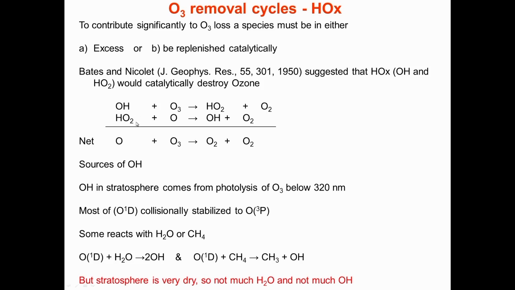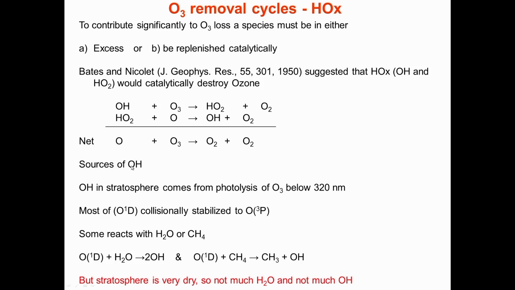The hydroperoxy radical itself can react with atomic oxygen, which we saw from the Chapman cycle is produced from the photolysis of molecular oxygen, and regenerate the hydroxyl radical. So if you add these two reactions together, atomic oxygen plus ozone leads to molecular oxygen plus molecular oxygen.